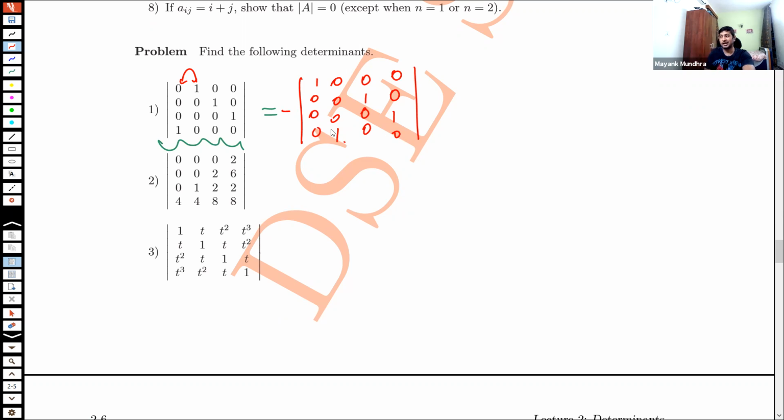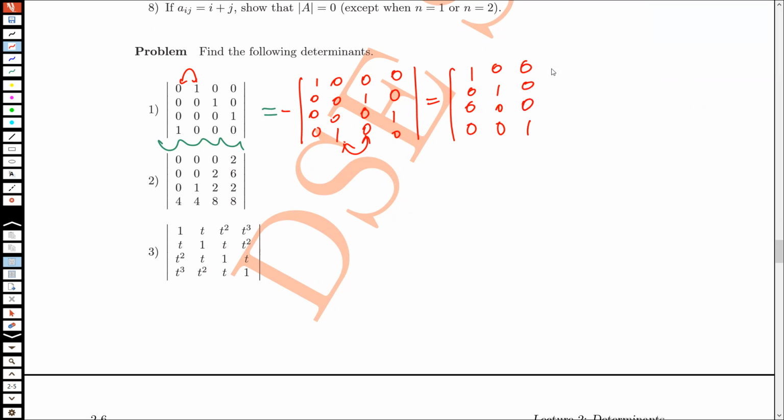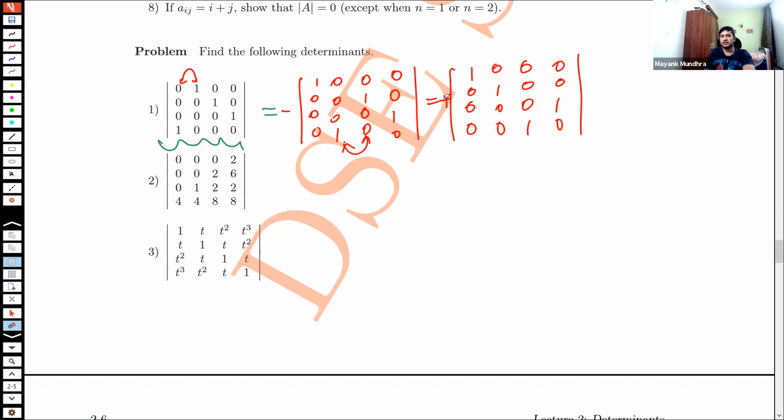Okay, I want to make it an identity matrix. So then I do one more exchange. So that's going to be 1 0 0 0, 0 1 0 0, 0 0 0 1, 0 0 1 0. So that would be plus 1. And then I'll need one final exchange. So this would be minus times the determinant of the identity matrix of size 4. So it's going to be minus 1.